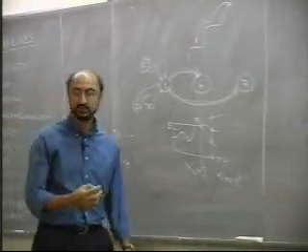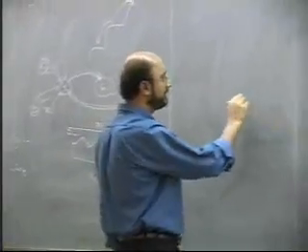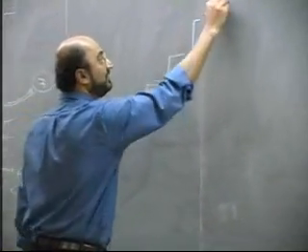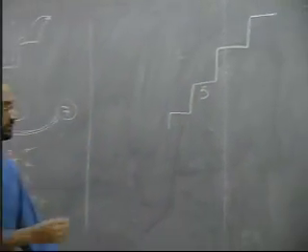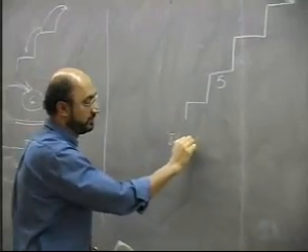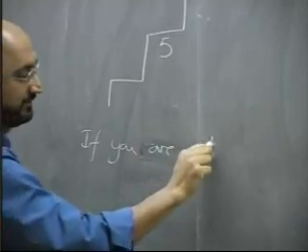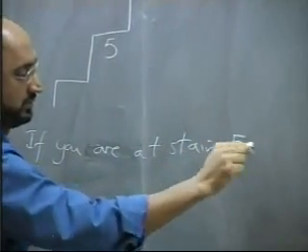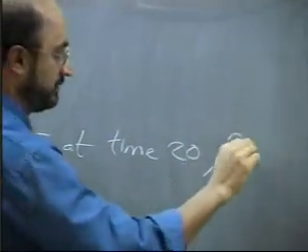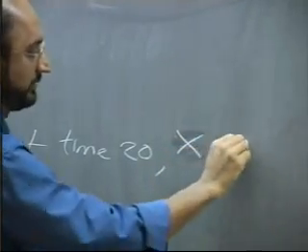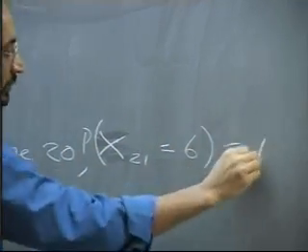The easiest way to understand homogeneity is to look at an example of a non-homogeneous Markov chain. So let's say we have the same staircase like this, and we have somebody in stair number 5, and I'm going to tell the following rule. If you are at stair 5 at time 20, P(X21 = 6) = 1.